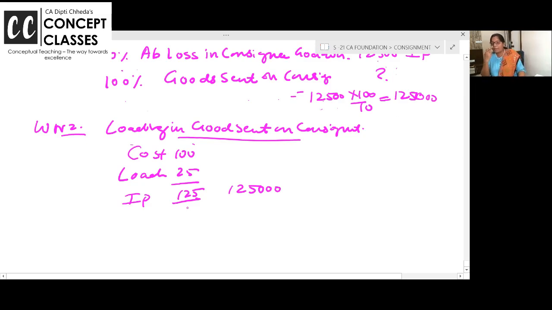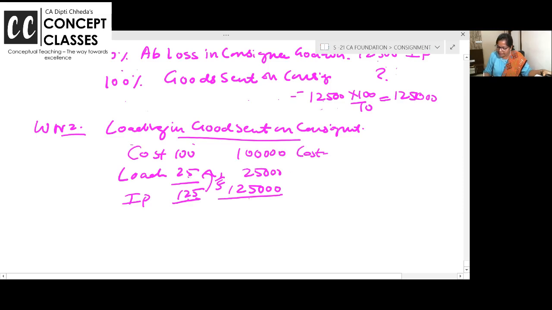You have goods of 125. In that, how much would be the loading? 125 has 25, so in this, how much? 25. So 1 lakh is the cost of goods.